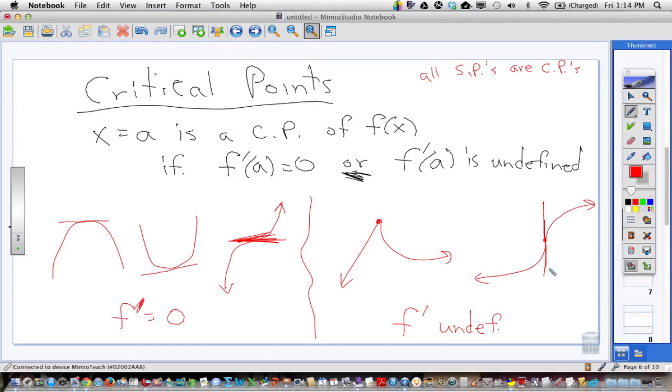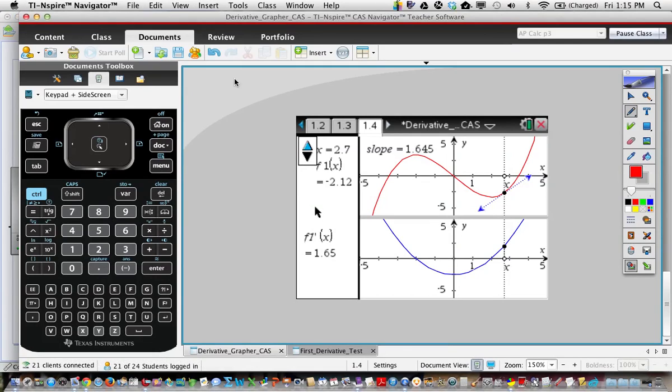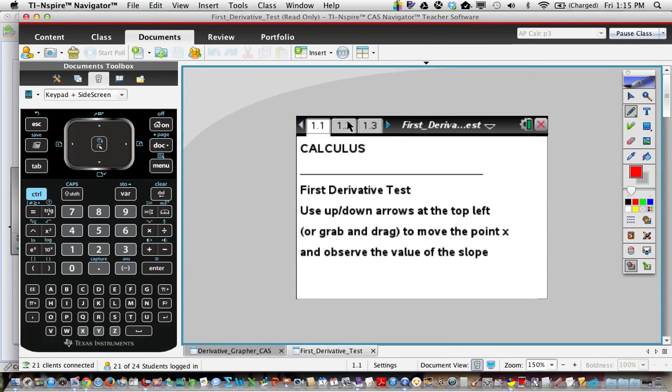It's the biggest point in a small region. So you can go right on to where it says move to page 1.2. Now, I want to help you get started a little bit here, and then you can go into your group. So let's go ahead and look at the document. First derivative test.